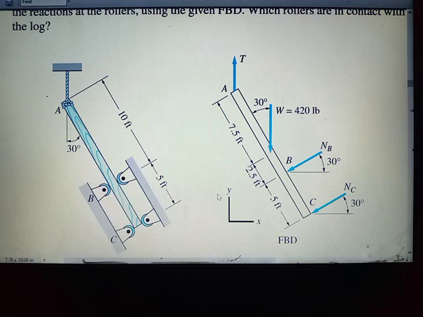Okay. Ginamit natin yung mga free body diagram. So, meron kang tension pataas, then meron kang weight pababa, 420 pounds. So, we have NB and NC here.